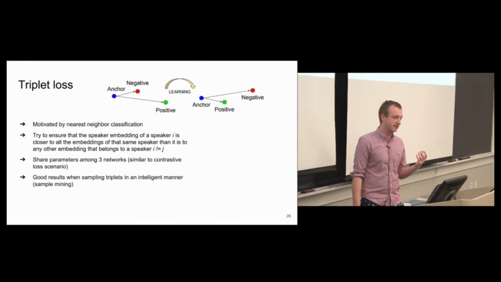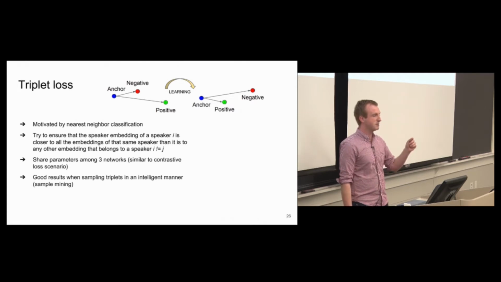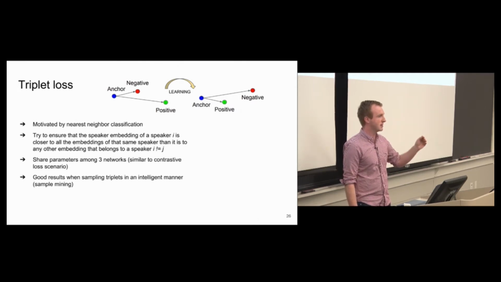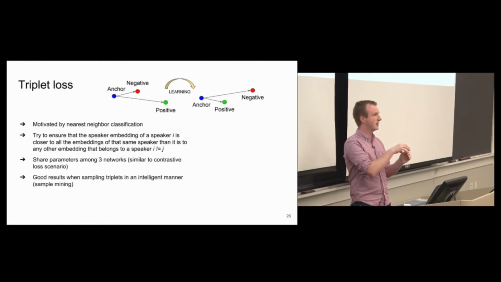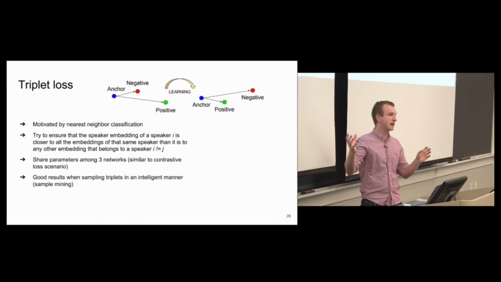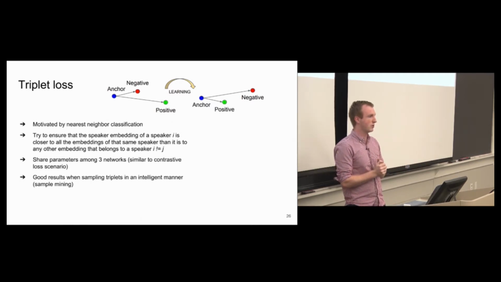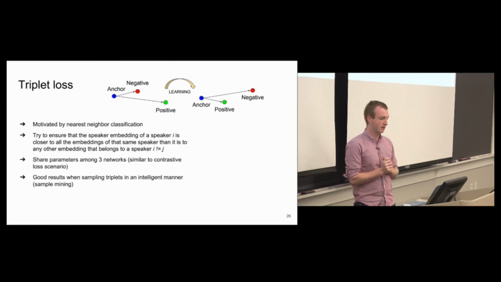The key idea here is that we want the speaker embedding for a given speaker to be closer to all the embeddings of that same speaker than it is to any embeddings from any other speaker. So we want a nearest neighbor scenario.